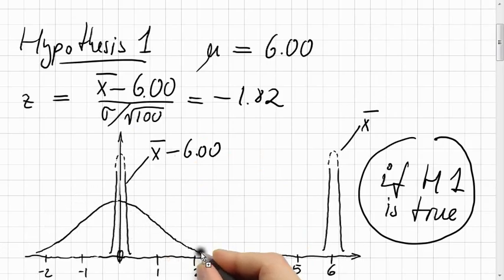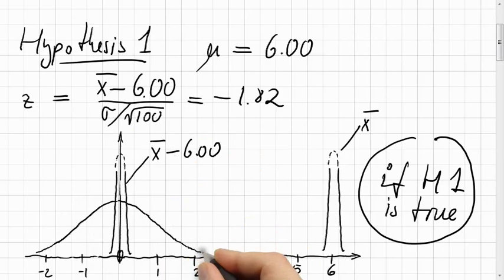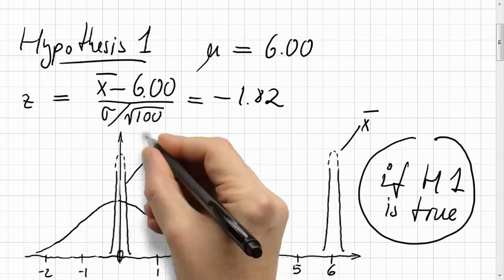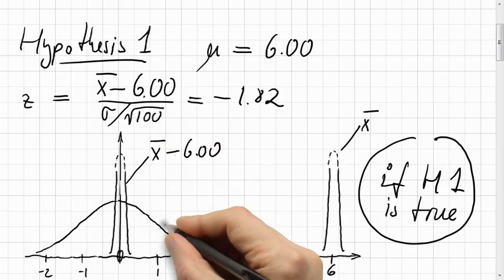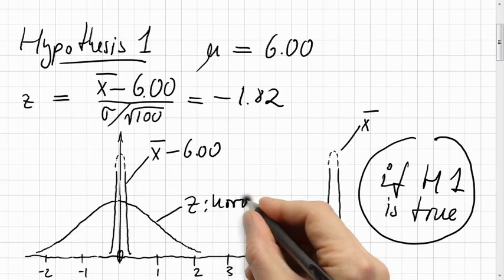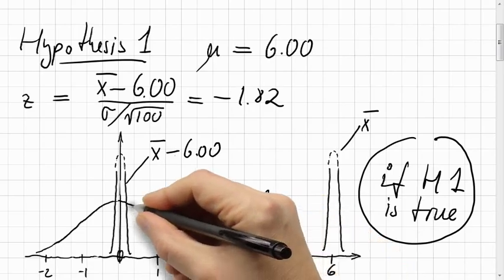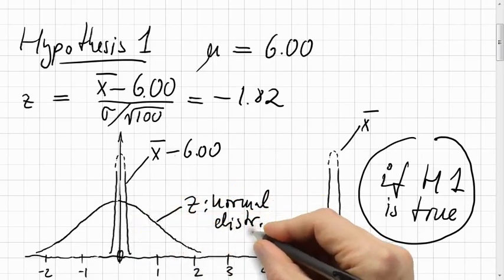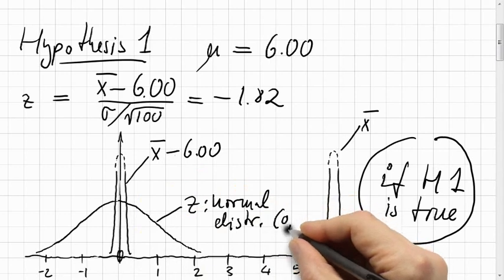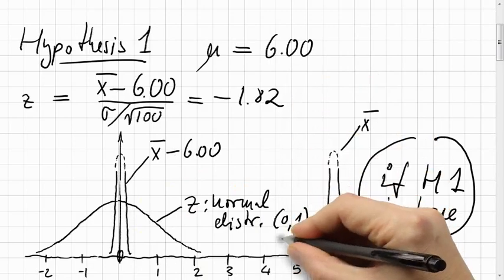So z, the result, has always the same bell shape, independent of the number of experiments. Z has a normal distribution with mean 0 and standard deviation 1. That's our prediction, if this hypothesis holds true.